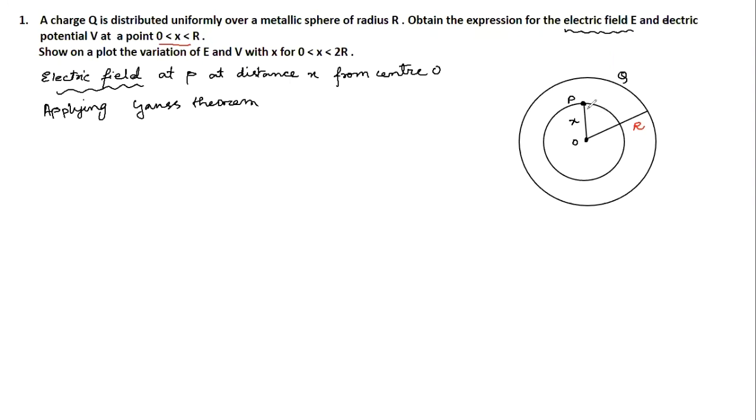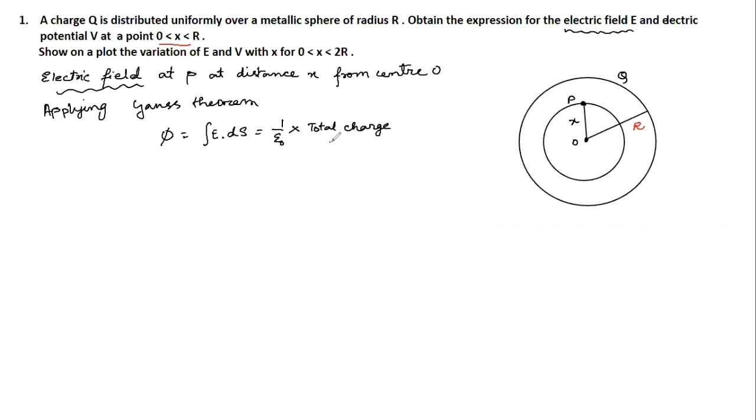So we'll find the flux through this Gaussian surface with radius x. This flux value is nothing but integration E dot ds. This is our net flux through this Gaussian surface, and it has to be 1 by epsilon naught times the total charge enclosed.